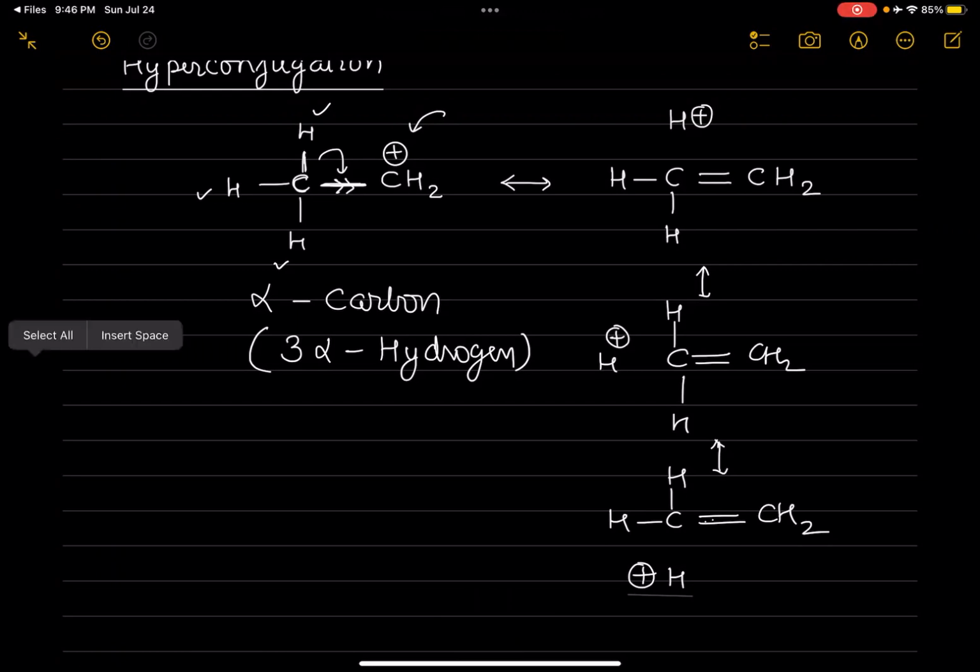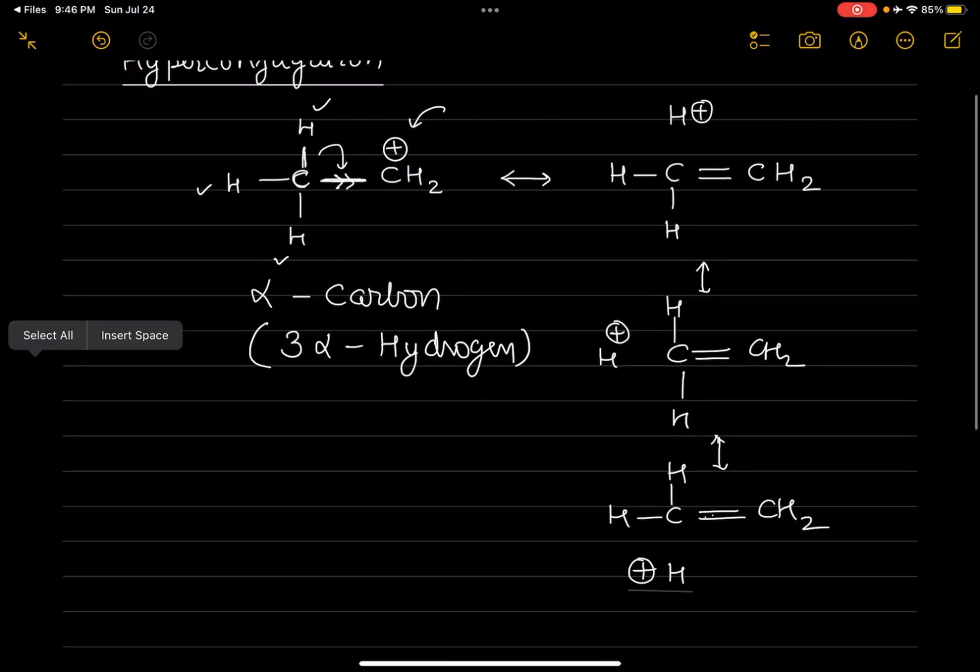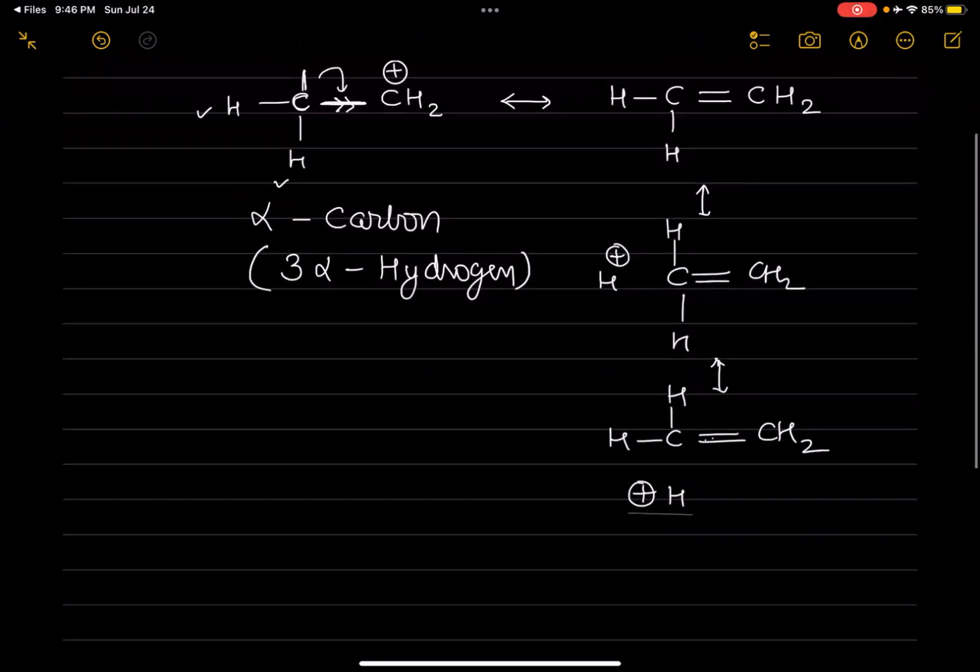Carbocations are stabilized by hyperconjugation, a phenomenon in which the electron density of the adjacent C-H bond gets delocalized or mixed up with the empty p orbital of the carbocation, and that makes the carbocation stable. The potential energy of the carbocation decreases, and that's how it gets its electrons.